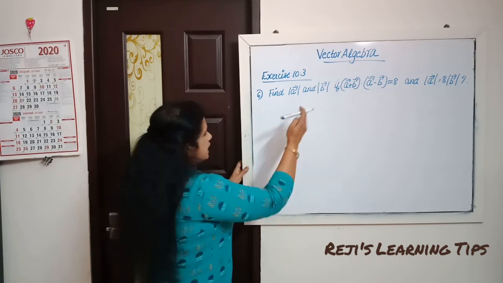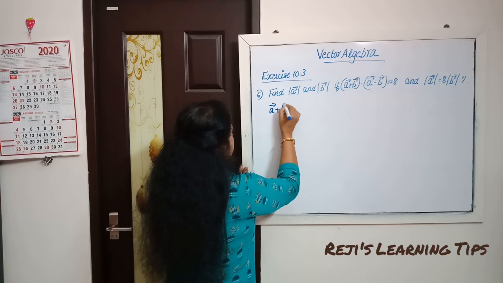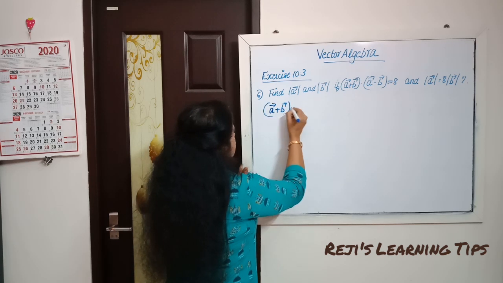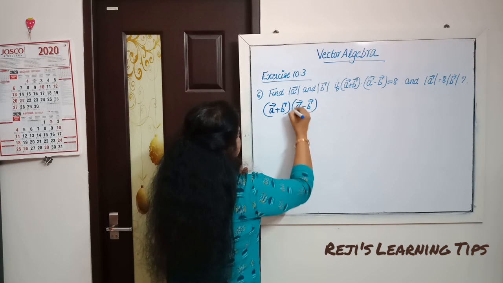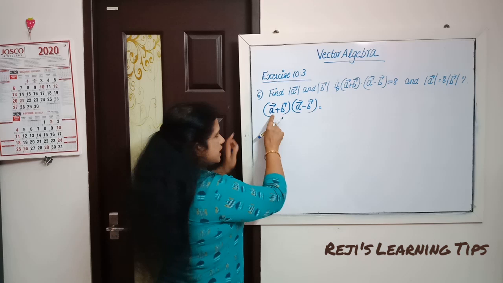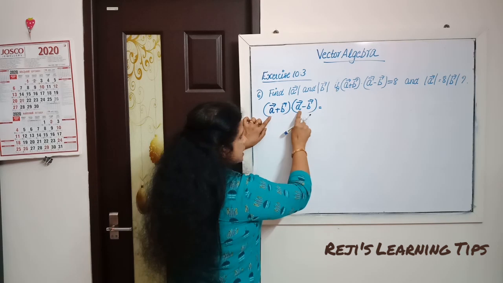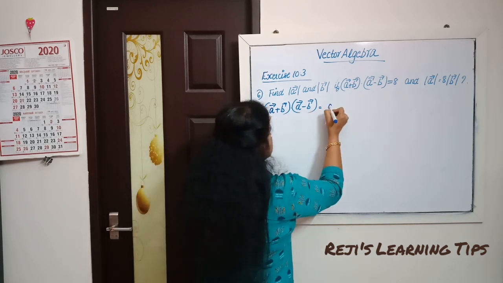First we take (vector A plus vector B) dot (vector A minus vector B), that is equal to A dot A minus A dot B plus B dot A minus B dot B. Understood?